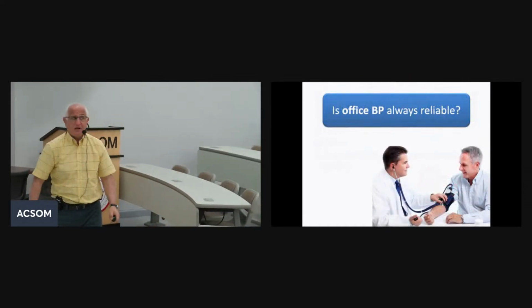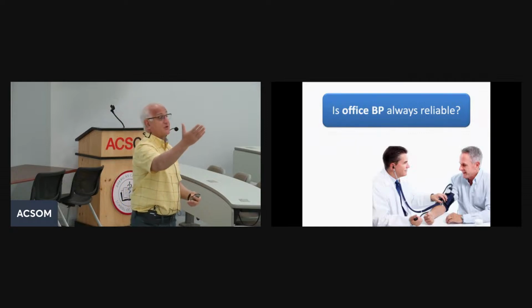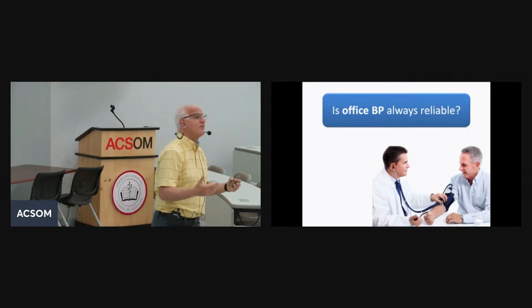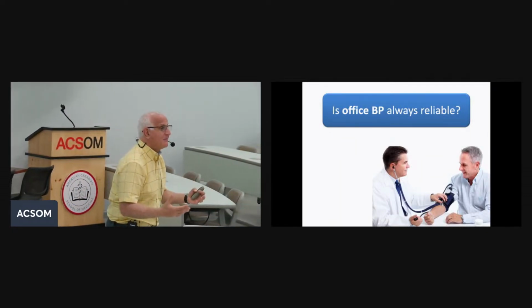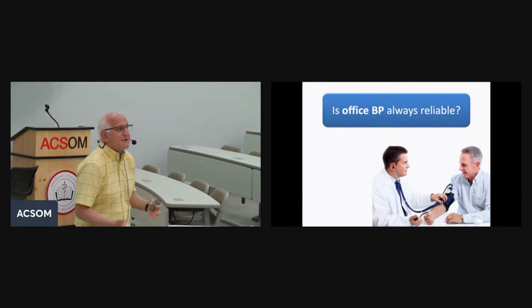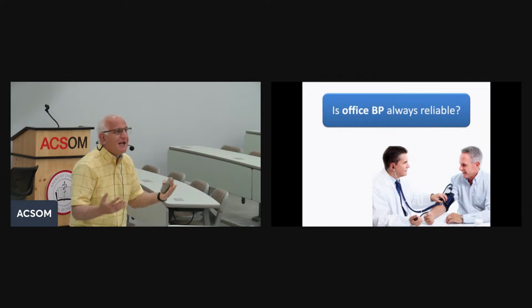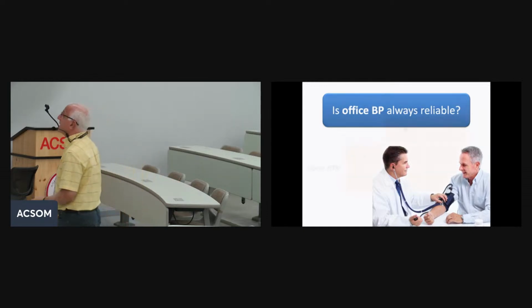Office blood pressure, is it always reliable? That's a good one. The nurse takes it, they know what to do. It is not always reliable. It's a one time deal. It's about like urine sodium. You check it at 6 p.m., it might be different from 9 p.m. It's good to have an idea, but it is not enough, right?